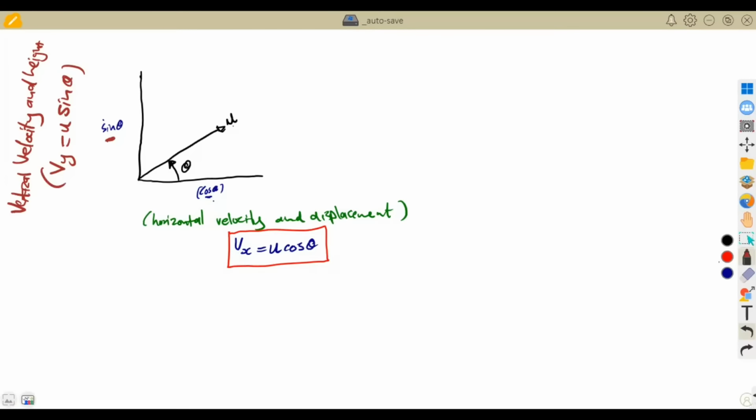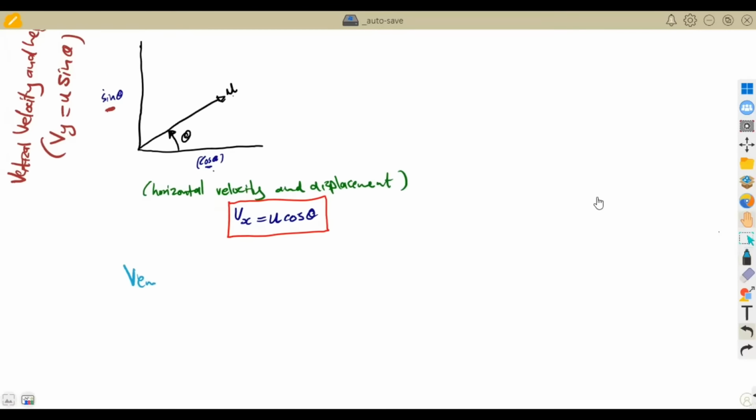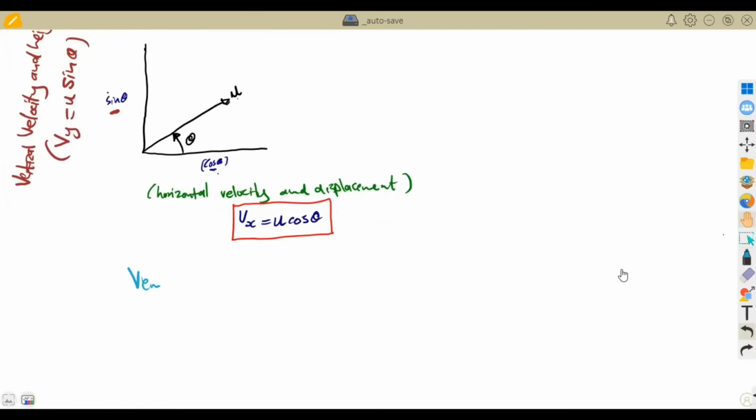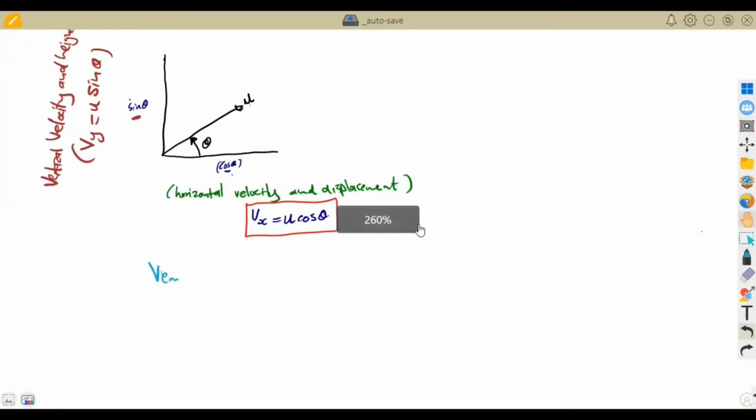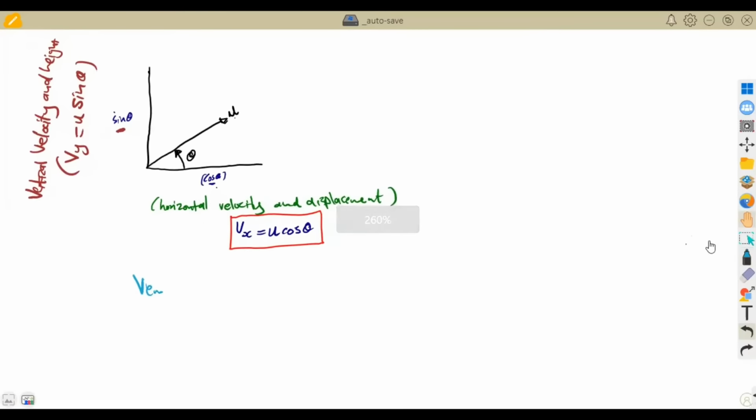I'm going to explain these now in detail. We are going to separate between the vertical and the horizontal. I can reduce a little bit so that you can have some notes before we attempt those typical questions. So we have the vertical and also the horizontal.